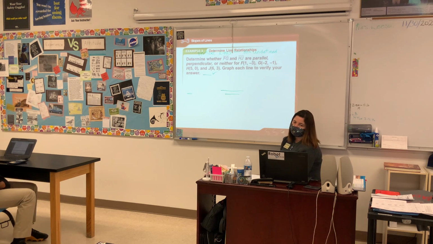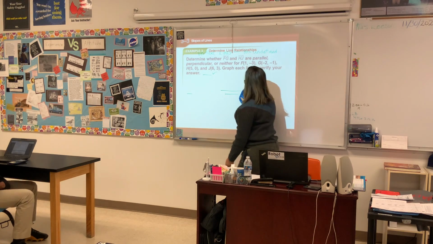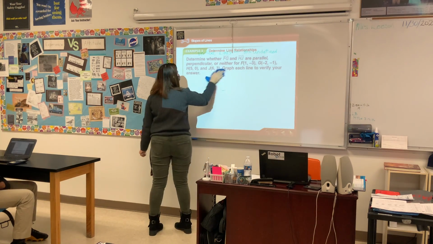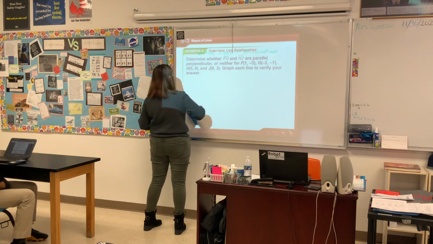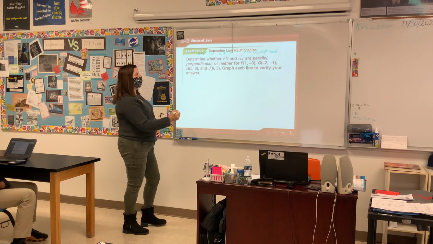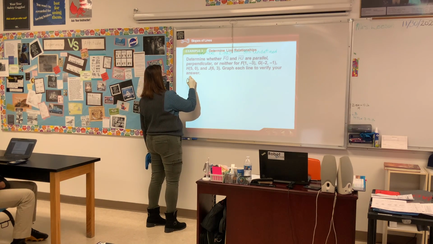So, they tell us to determine whether these are parallel, perpendicular, or neither. And then graph it to verify. Okay, so we need to figure out the slope for FG, and we need to figure out the slope for HJ. Okay, and either which way, slope is rise over run.